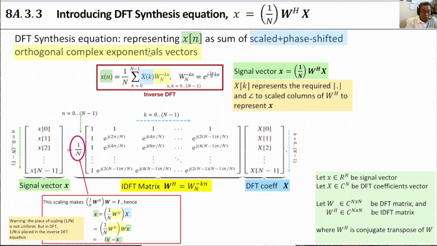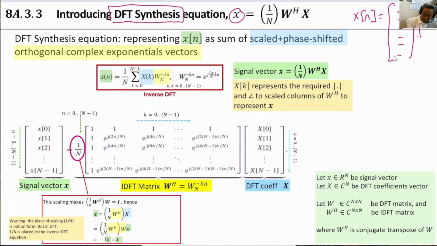In this slide, we'll introduce the DFT synthesis equation. So DFT basically converts the time representation. So x is a time representation. Typically we say x of n, and then we are given a vector, and each of these elements is a vector representing the sequence x in time.